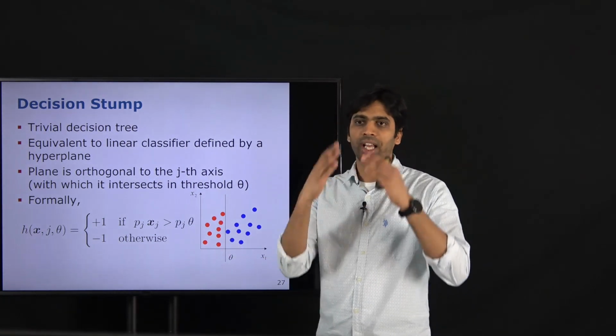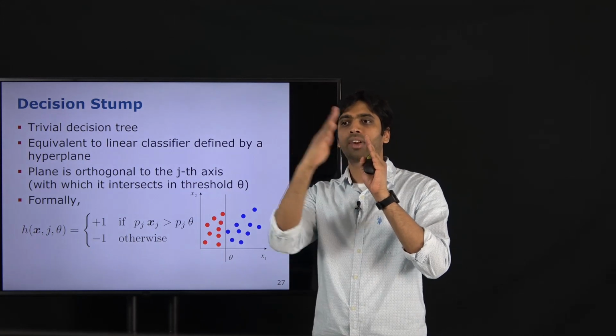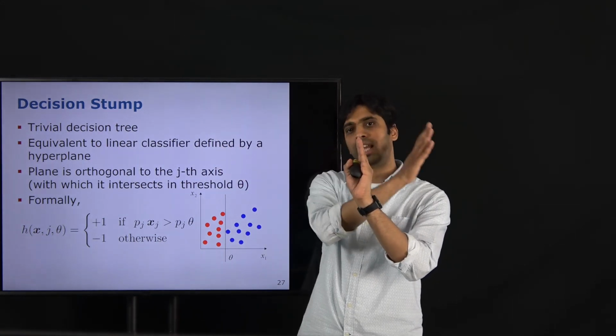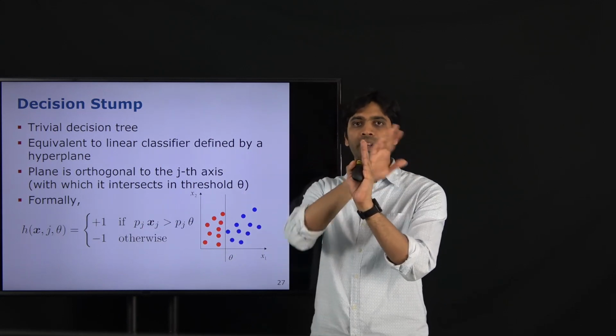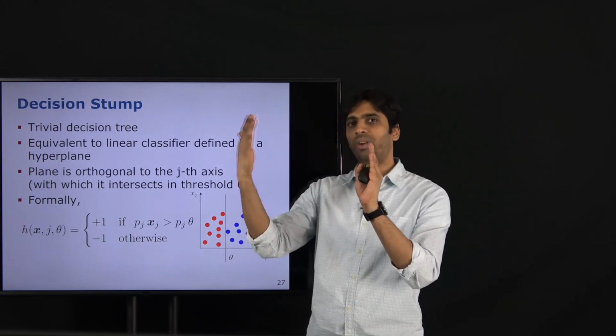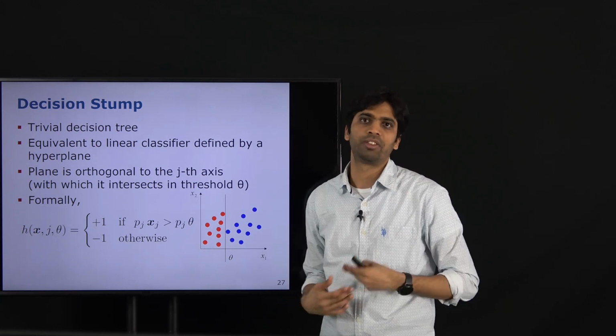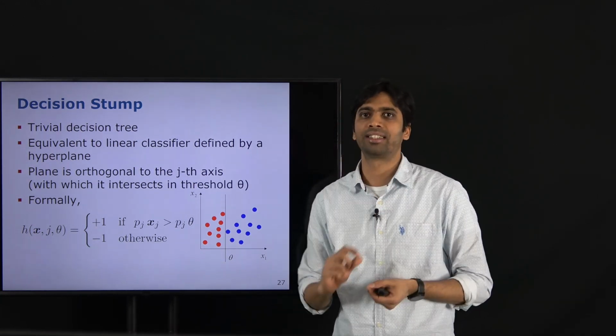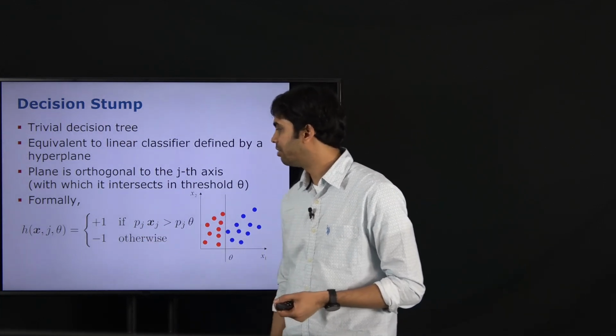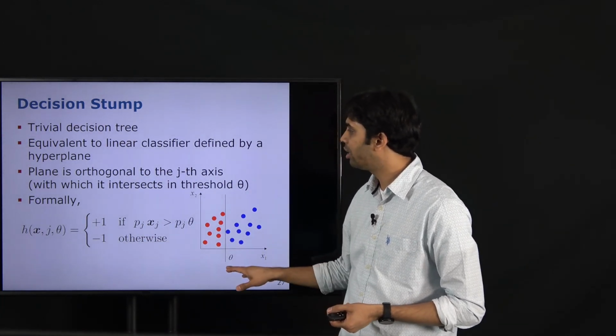So for example, you can have a decision stump which says everything to the right is a positive example and everything to the left is a negative one. But by setting PJ to -1, you can flip it. You can say everything to the right is now a -1 and everything to the left is a positive one. So it's just one more decision stump by flipping this symbol. It's for mathematical convenience here. And that's about it.